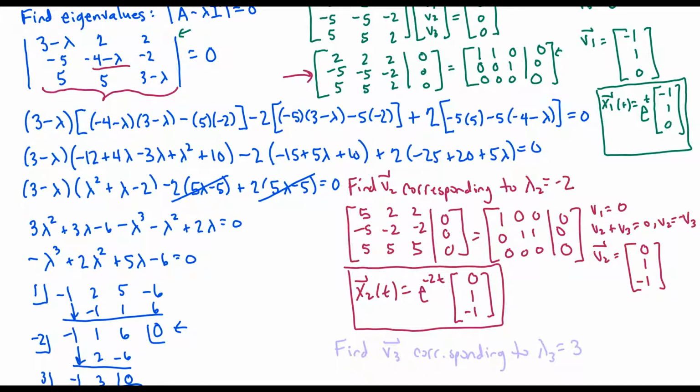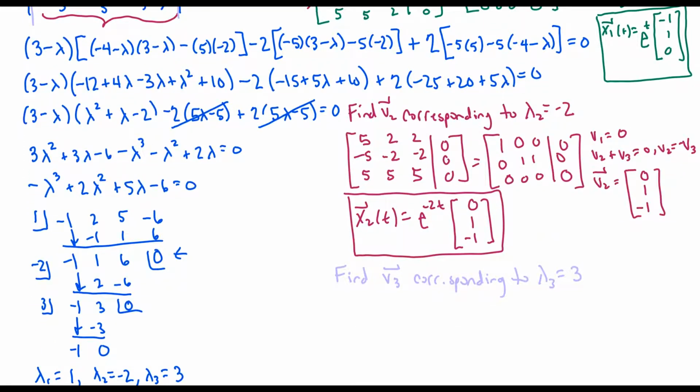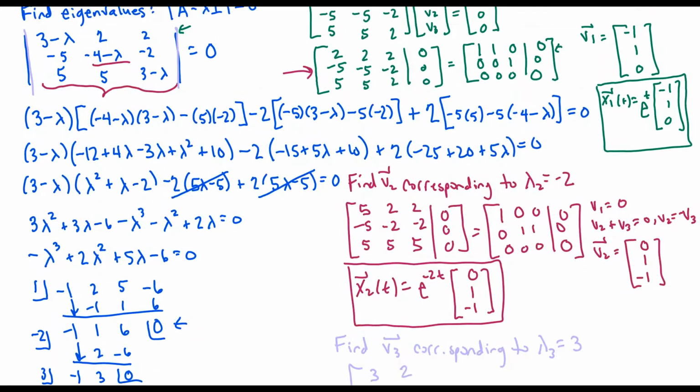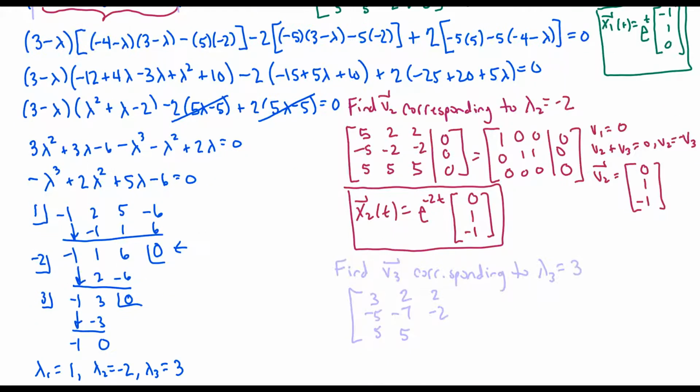So we're going to take, again, our matrix A minus lambda I, just updating our diagonal using 3 for lambda this time. So our entries would be 3 minus 0 is 3. Our middle entry, negative 4 minus 3, that would give us a negative 7. And our last entry, 3 minus 3, again would be 0.